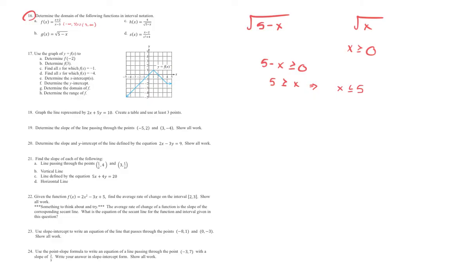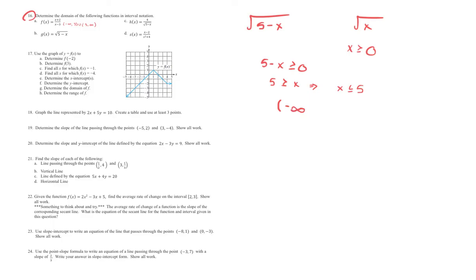If I plug in 6, or 5.0001, we can't do that. So we can't plug in anything greater than 5, because otherwise we'd have the square root of a negative, which we don't like. So the way that we're going to put this in interval notation, we always start with the smallest number that we're able to plug in, which is negative infinity.